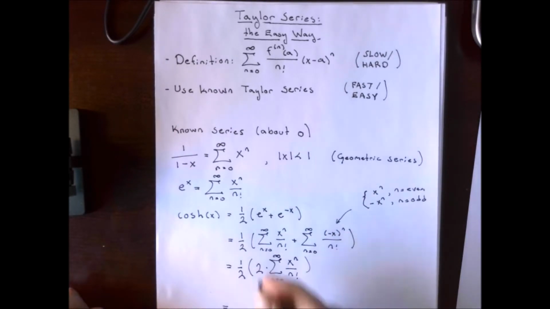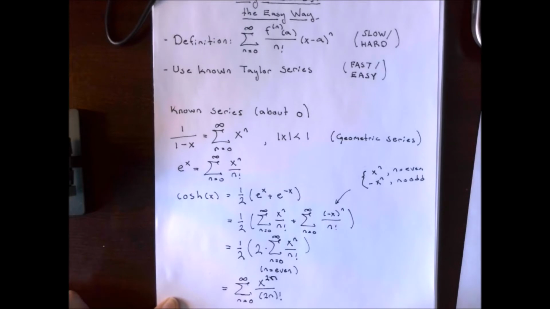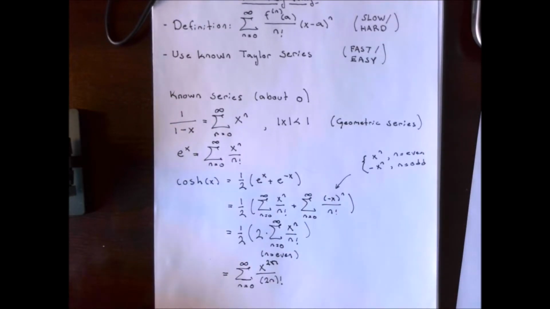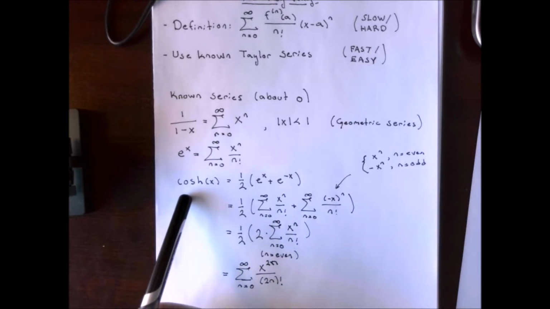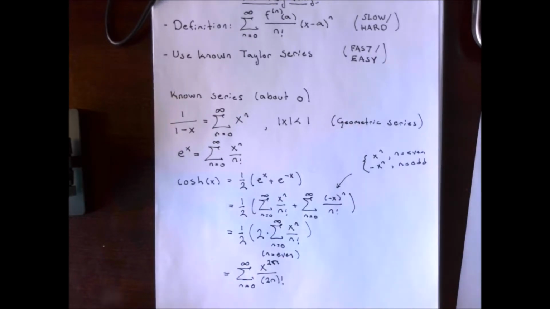And this we can also write out as the sum of n from 0 to infinity x to the 2n divided by 2n factorial. As you notice, we didn't have to actually differentiate the hyperbolic cosine at any point.